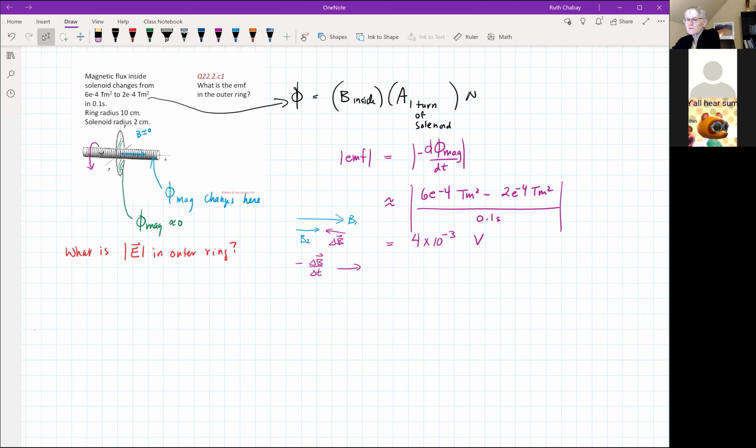So the magnitude of the electric field in the outer ring: since EMF is the integral of E dot dl, and we cleverly centered the ring on the solenoid so that we know the magnitude of E is the same all the way around the ring, this would just be E times the integral of dl, which is E times 2 pi r, where r is the radius of the outer ring.